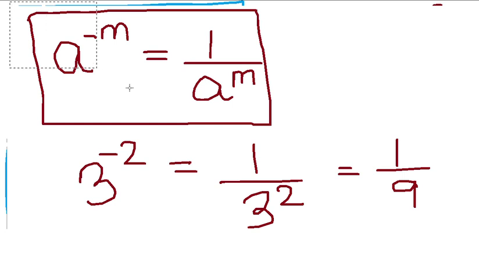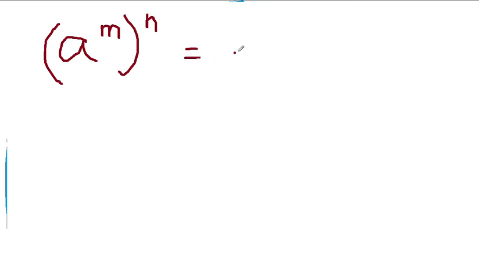Well, the next formula. A to the power of m, in a parenthesis or a bracket as known in different countries, to the power of n. And the final answer would be a to the power of m times n.